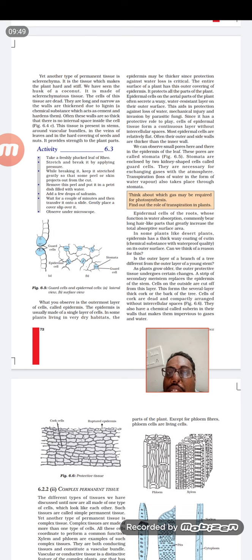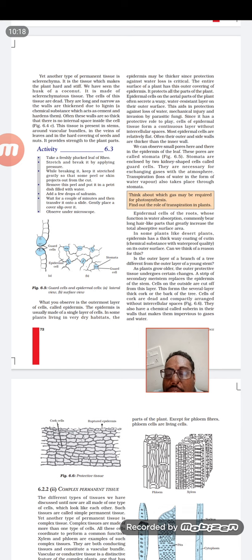Through those, the gases produced after fermentation of wine or anything else will be exchanged. Along with that, they give a very stiff covering. This is the reason why cork is used to close wine bottles. And these corks are made from the epidermis, which is a simple permanent tissue.